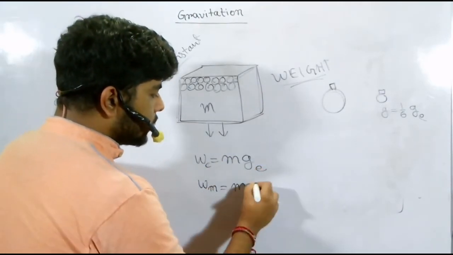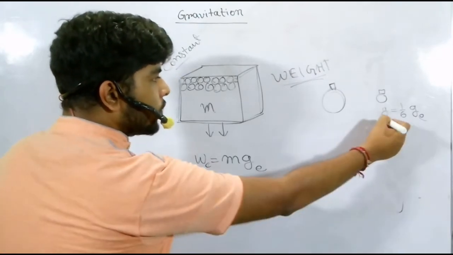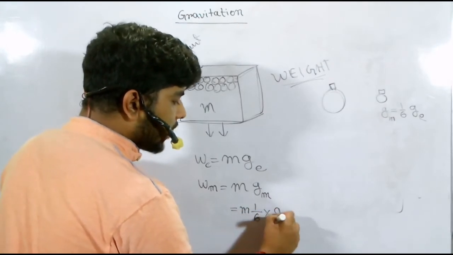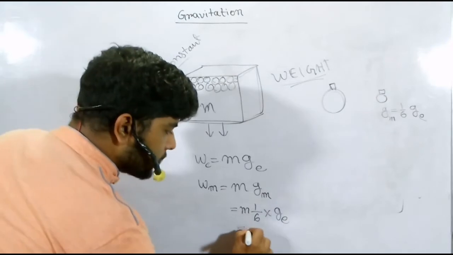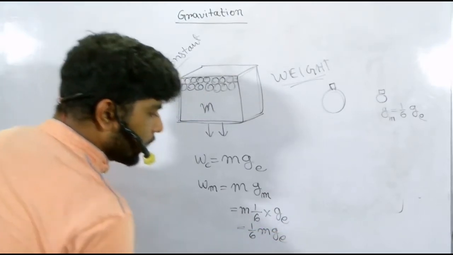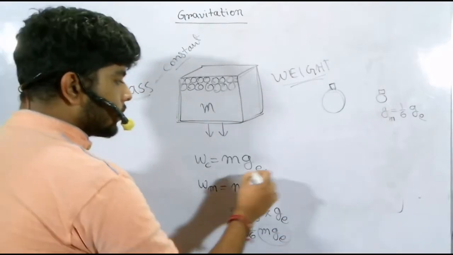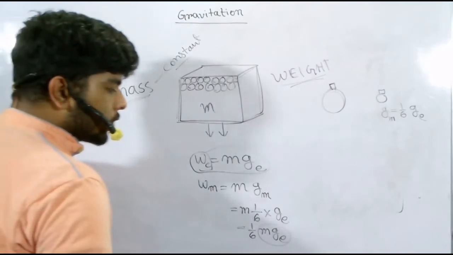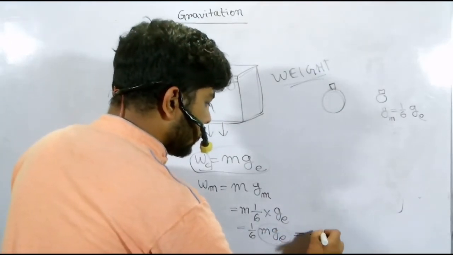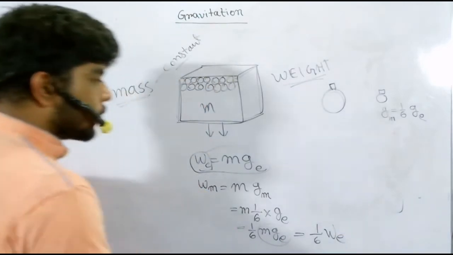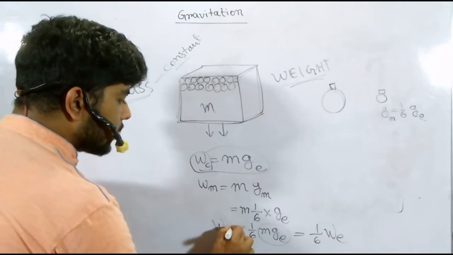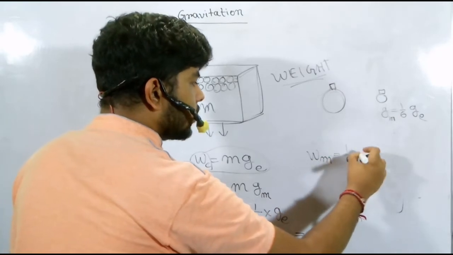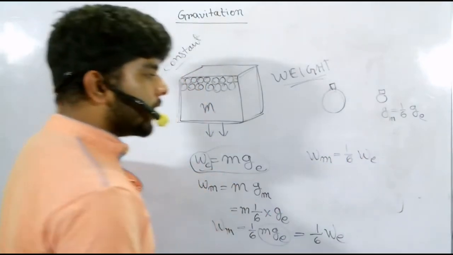And g will be the g of the moon, which is 1/6 of the gravitation of the earth. So it comes to 1/6 m g_e. This m g_e is nothing but the weight on the earth. So the weight at the moon is 1/6 of the weight on the earth. It's very interesting.